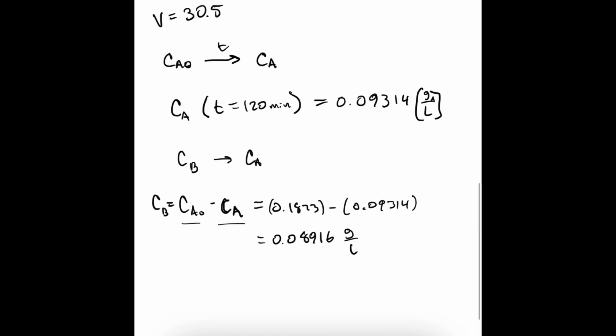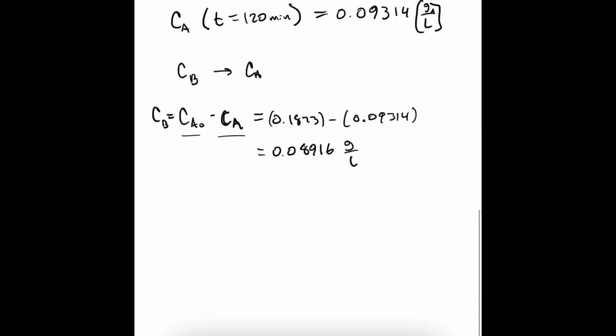So they told us the volume of the tank right here, in gallons. So we need to convert the volume from gallons to liters. So the volume times the concentration equals the mass.